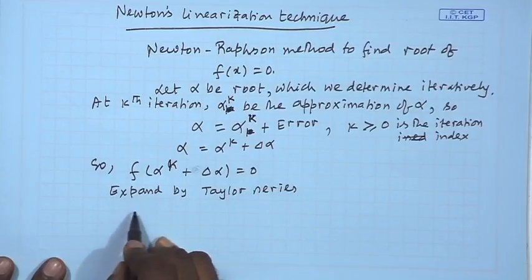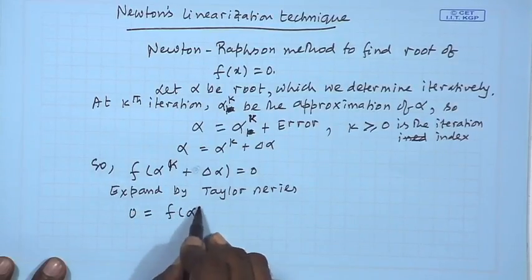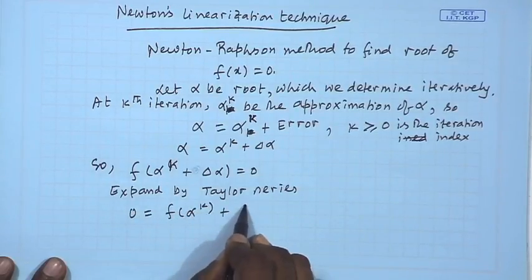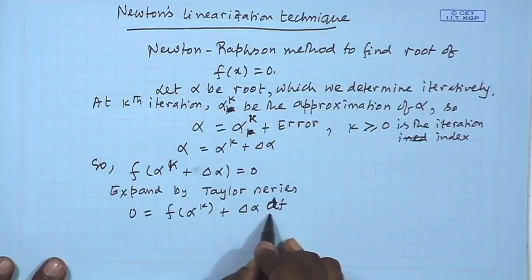what I get is 0 equal to f of alpha k plus delta alpha into df by dx, because here it is only a single variable.